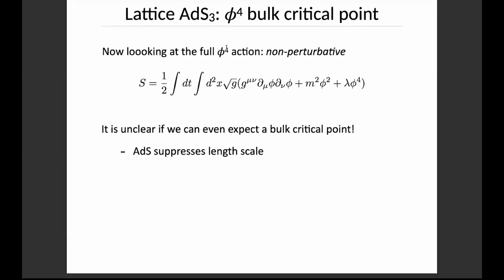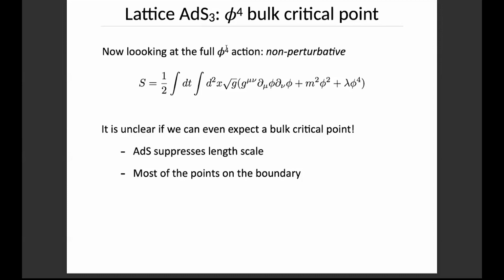So if you're looking for a bulk critical point where all the points somehow know about each other and come to this special critical behavior, you might not even think this is possible if in AdS space these points can barely talk to each other. That was very intuitive, maybe confusing, but nonetheless, it is non-trivial at first whether you can even expect a bulk critical point.